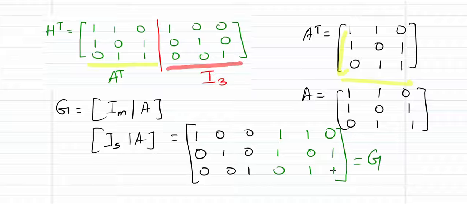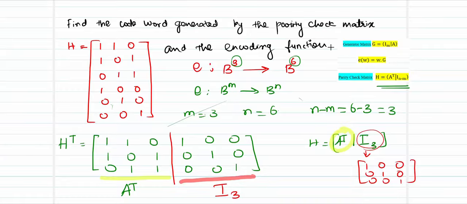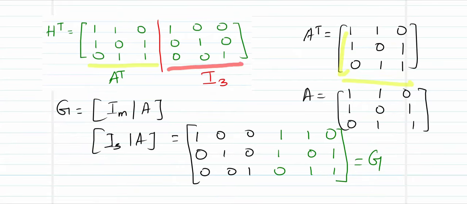Using this G, I am going to encode my words. And what are going to be the words that are going to be encoded? The words are going to be bit strings of length 3, B3. So next I need to know what the 3-bit words are. We begin with 0 and 1, the two elements of my binary.